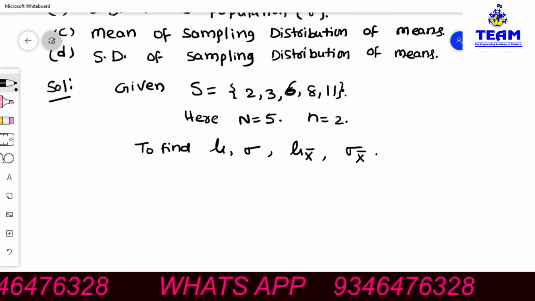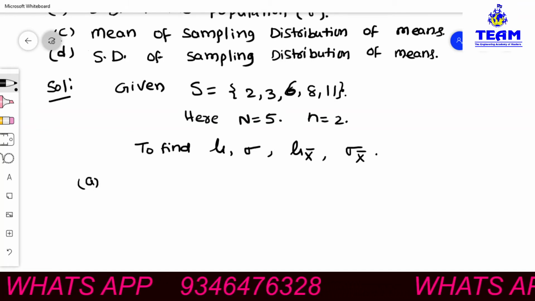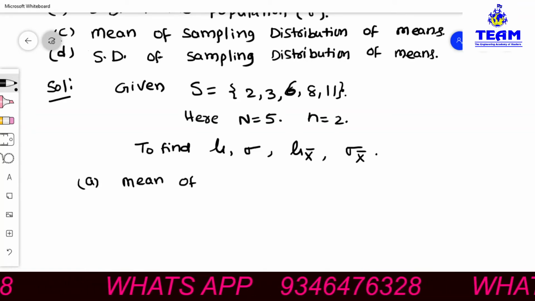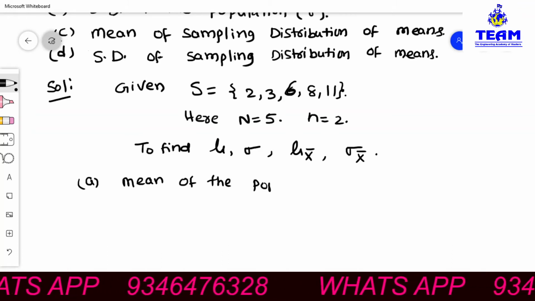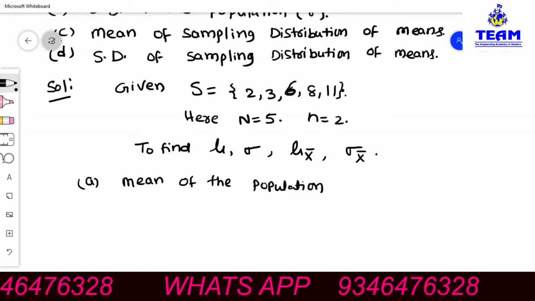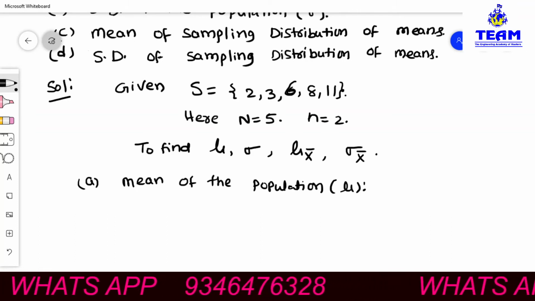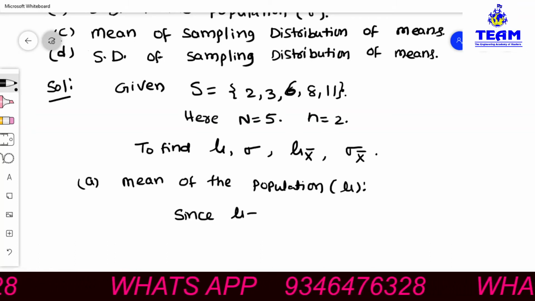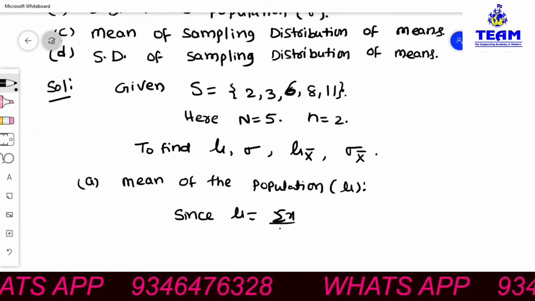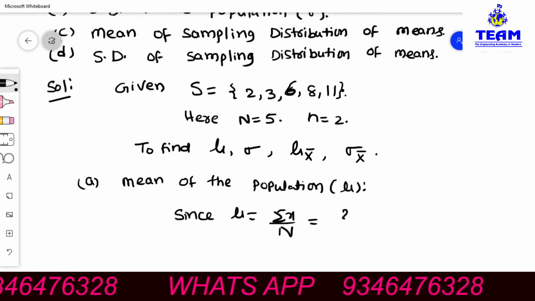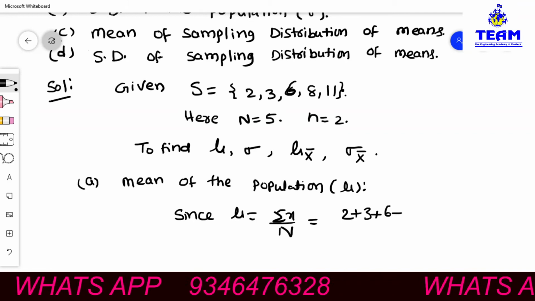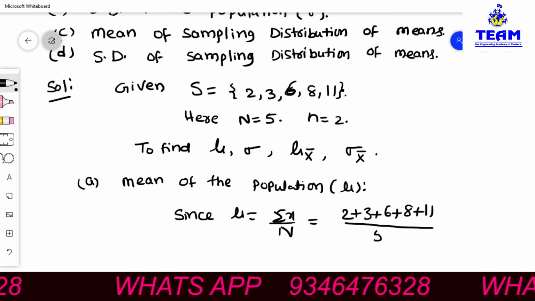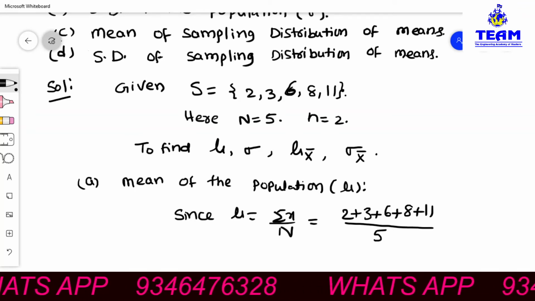That's why first I would like to find the mean of the population, mu. We know that mu equals sigma x by n, that is 2 plus 3 plus 6 plus 8 plus 11 by total number of observations, which is 5.